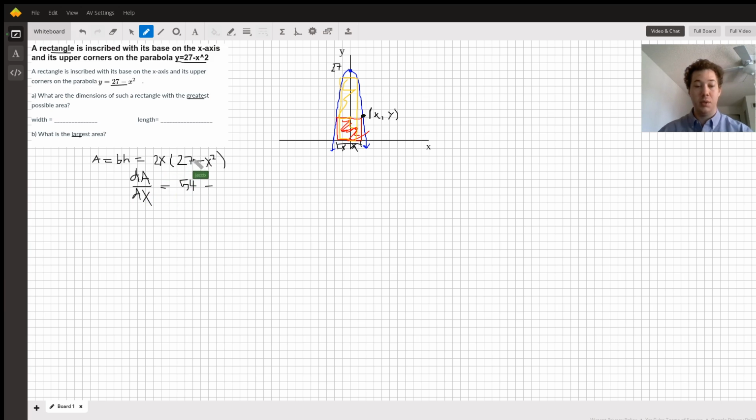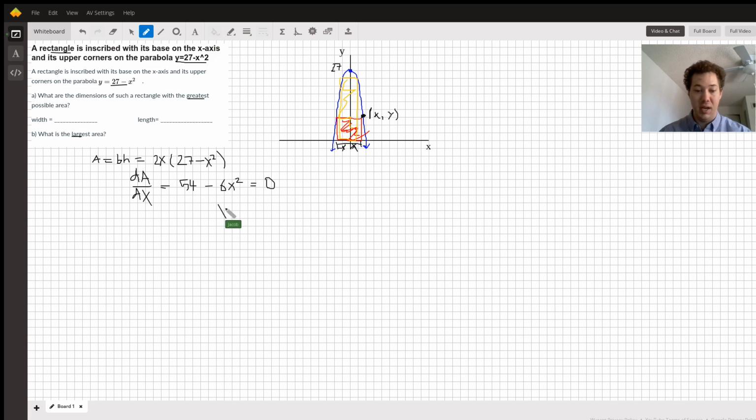Now distribute the 2x to minus x squared, we get 2x cubed. So what's the derivative of 2x cubed? Bring the 3 down in front, so 2 times 3 is 6, and then subtract 1 from the exponent, so we get 6x squared. Now, if we set this equal to 0, that will maximize this equation.